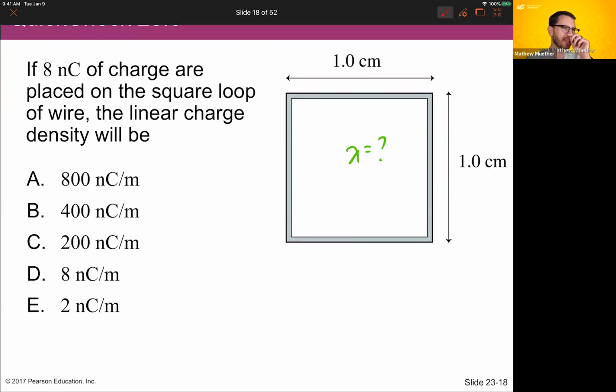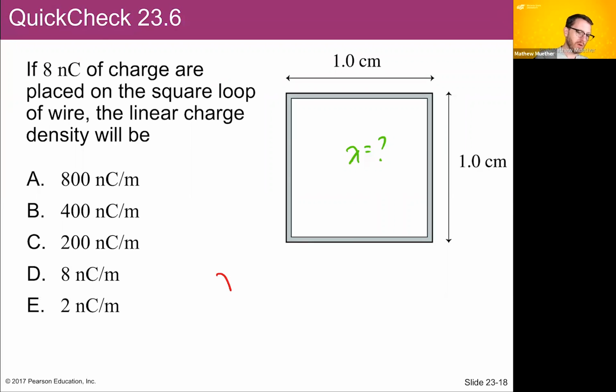So let's calculate what this linear charge density has to be. The definition of lambda is the charge divided by the length over which that charge is distributed. I know that I have 8 nanocoulombs, 8 times 10 to the minus 9 coulombs, of charge built up on this shape. What's the length that I'm going to use here?